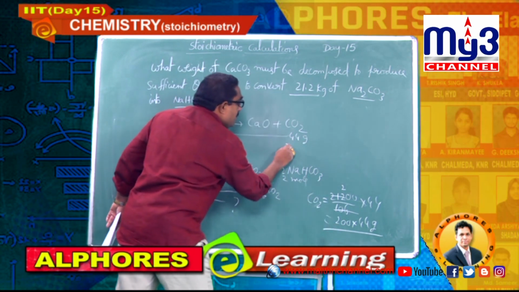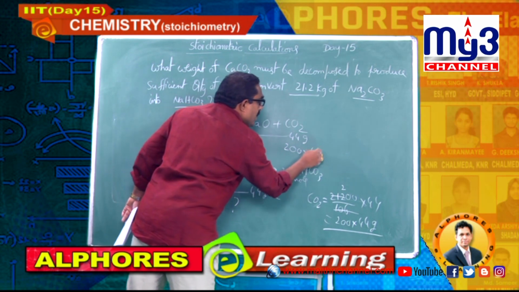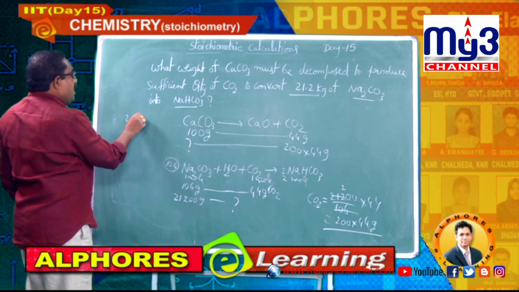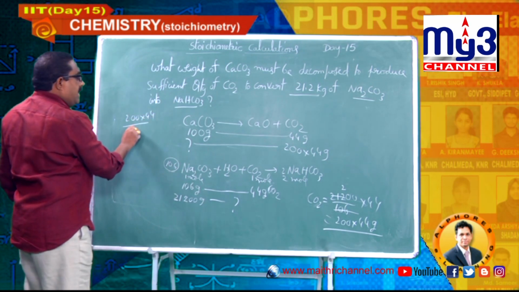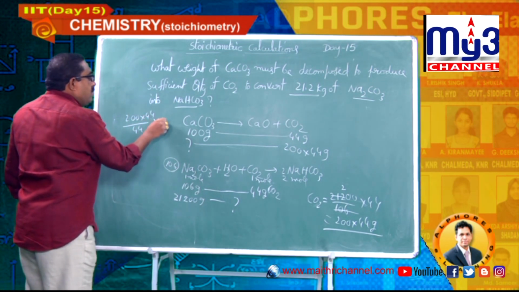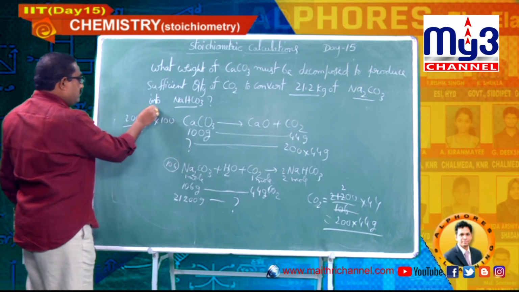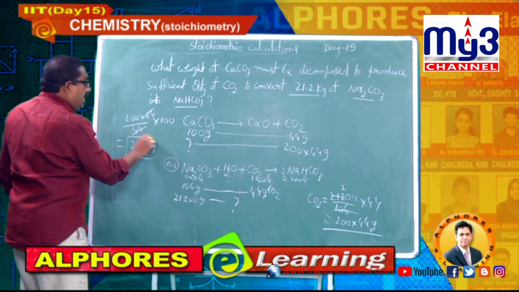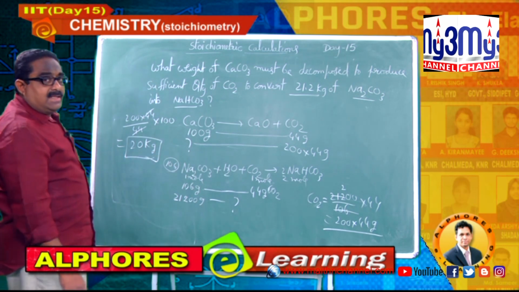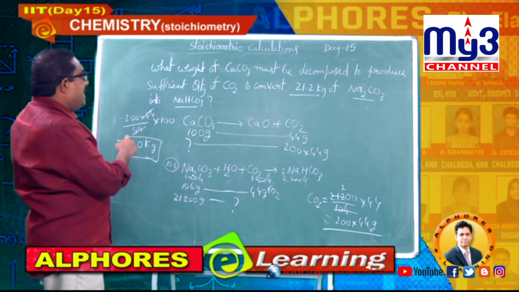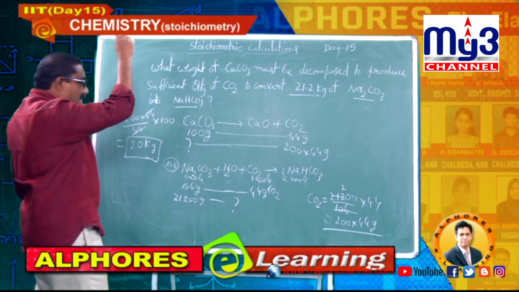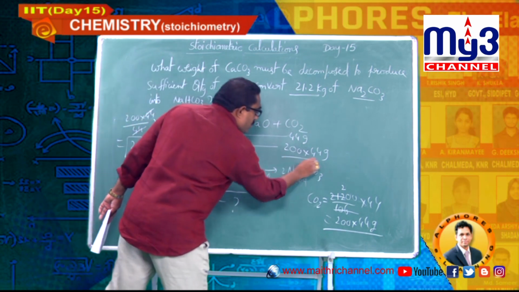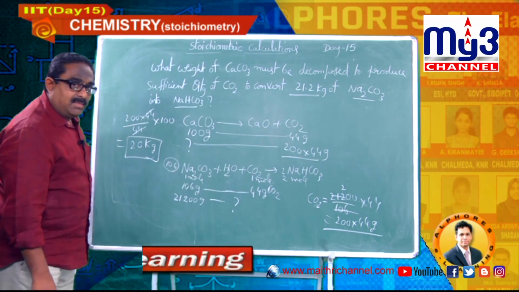But this time, how much is needed? 200 into 44 grams. How much? 200 into 44 divided by 44 into 100. If you convert this into kg, it is 20 kg. So that is the final answer. 20 kg of calcium carbonate must be decomposed. Then you will get 200 into 44 grams of carbon dioxide.